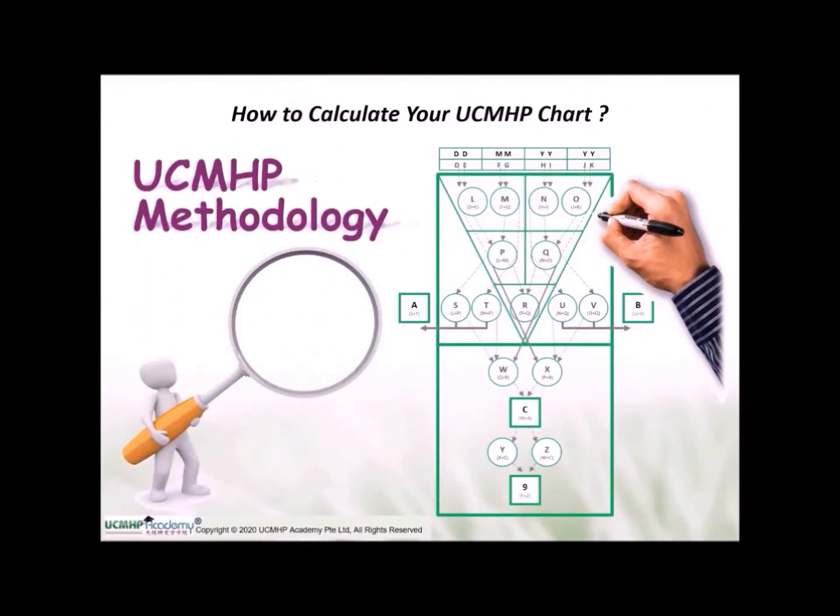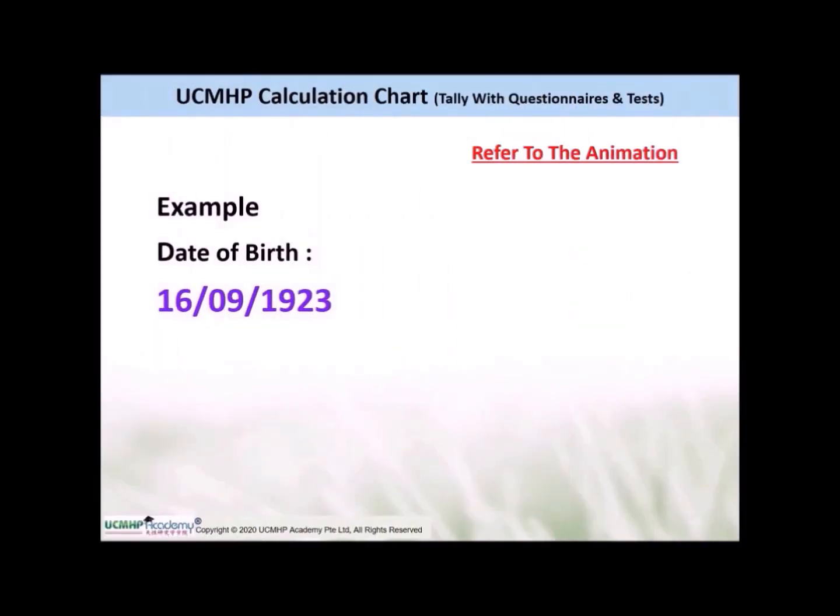Now, with the chart drawn, I want you to insert your date of birth into this chart. But before I do that, this is called your UCM HP methodology wealth creation chart. Okay, let's start.